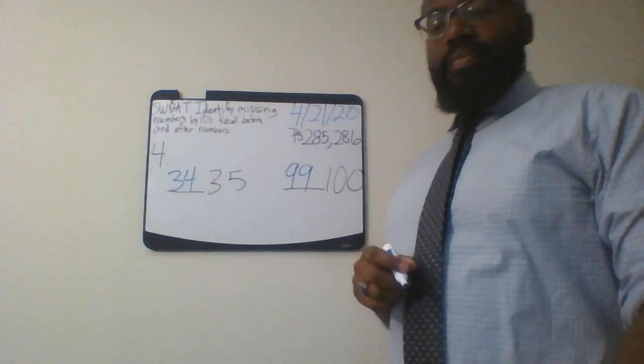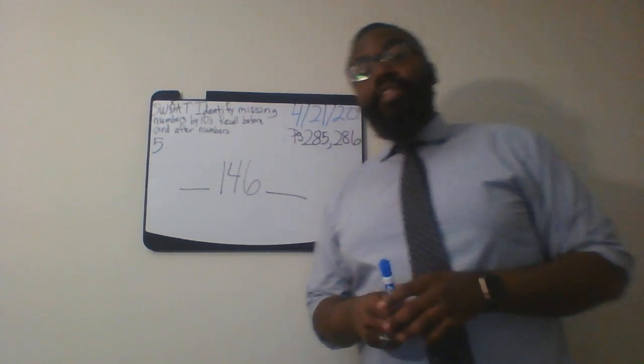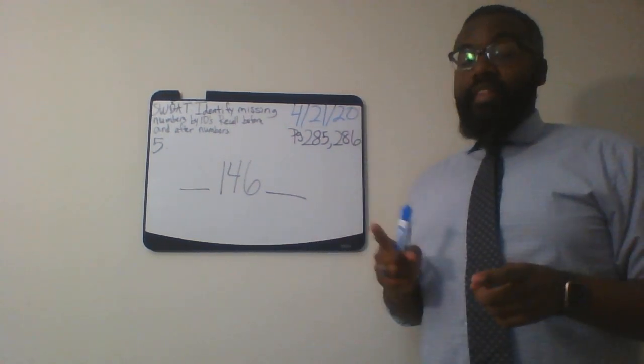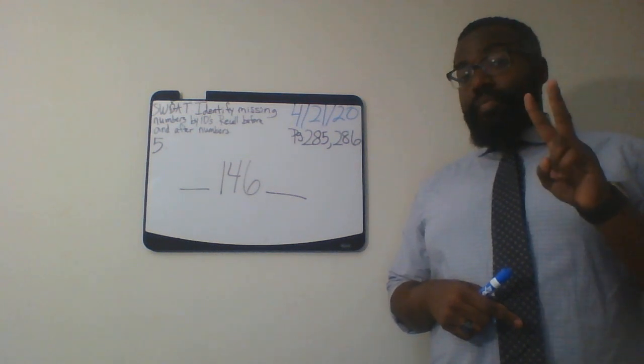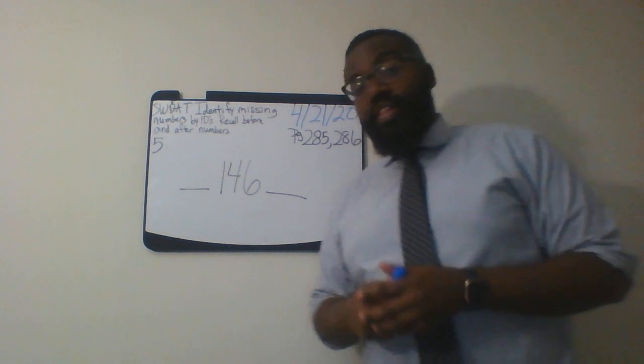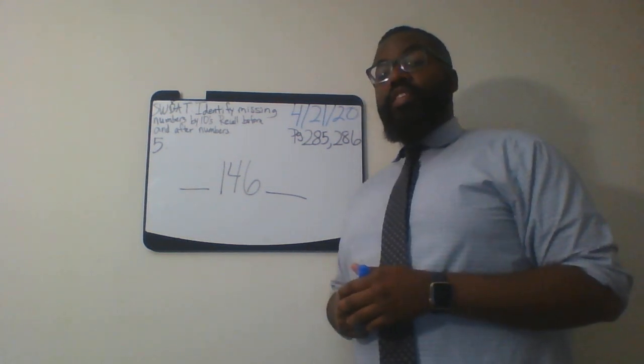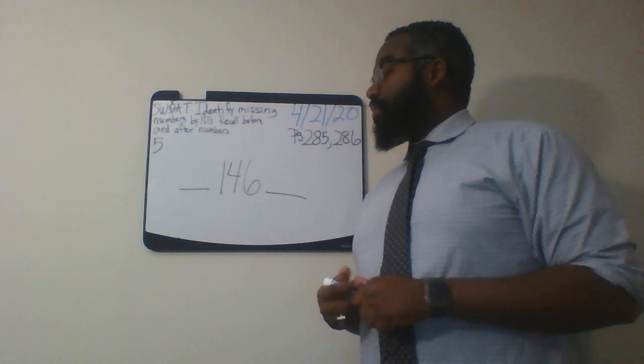There we go. And lastly, for number 5, we're writing the before and after numbers, but by 2 this time. We're doing it by 2. So let's look at the number that they give us, 146. What comes before 146? What number? 144.